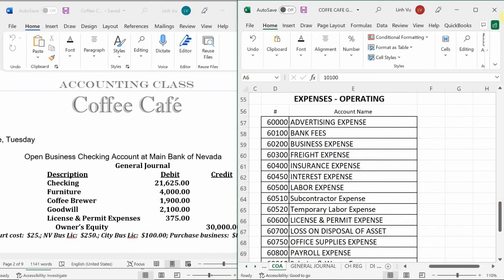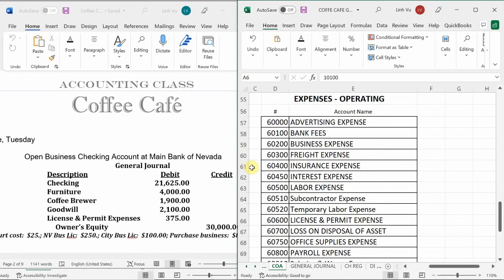I don't see it. Oh, this is like all the expense about the license and bank, everything. Business expense, insurance. I don't see it.